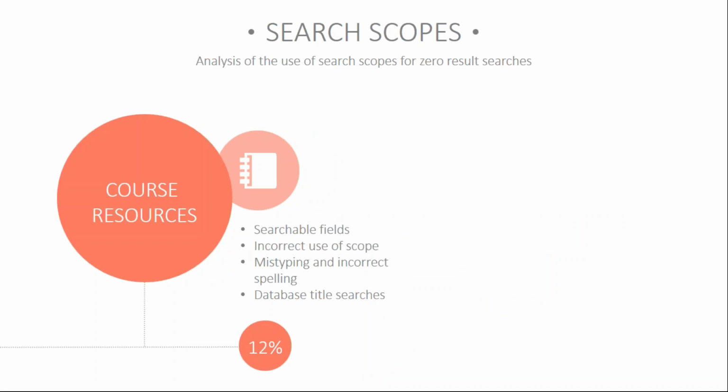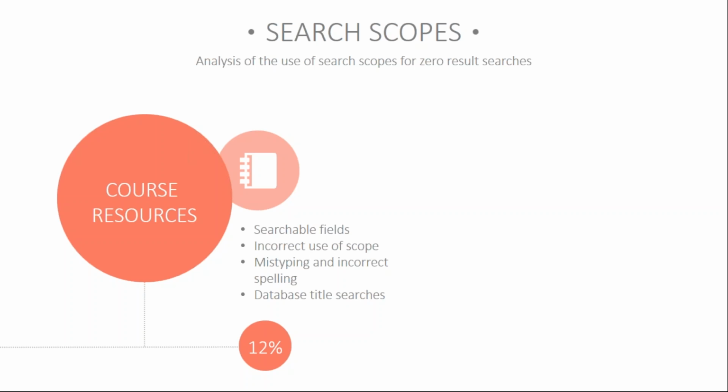12% of all the zero result searches had used our course resources scope. When I started the analysis of searches using this scope, a few things did stand out. Fields that I assumed were searchable were in fact not searchable. So we have an academic department scope in our course resources scope, but in fact it wasn't searchable.